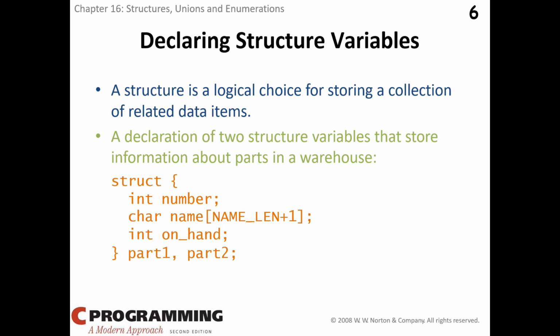Number is an integer representing the part number, name is an array of characters allowing us to store the name of the part, and on hand is an integer indicating the quantity of the part available in the warehouse. By declaring structure variables part1 and part2 of the structure type, we create instances that can hold data for two different parts in our warehouse. This approach helps us organize and manage related data efficiently, making our code more structured and easier to understand.